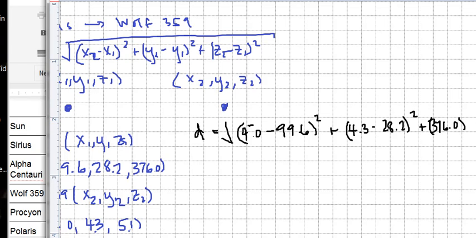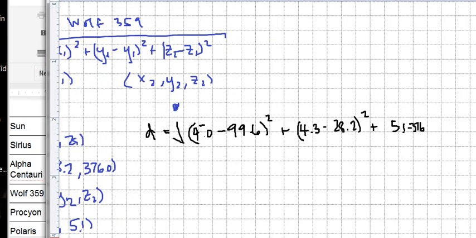Oh, I'm sorry, 5.1 minus 376. I know that's a little ugly. I apologize. Squared. I take the square root of that big sucker right there.